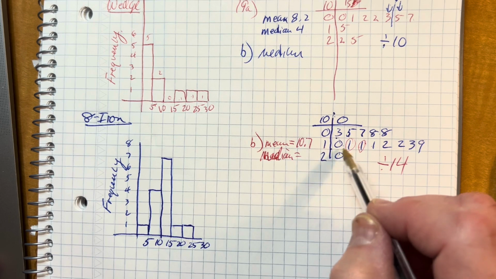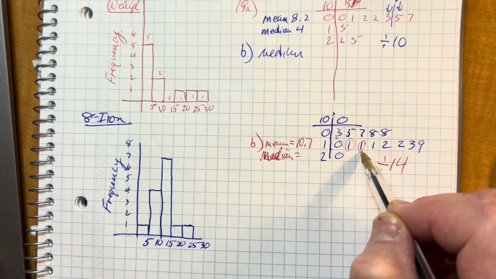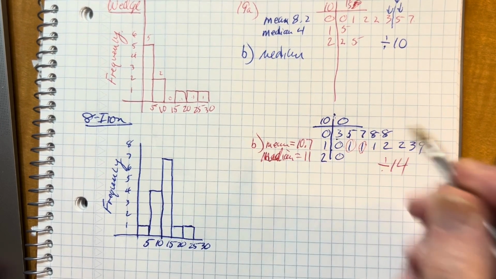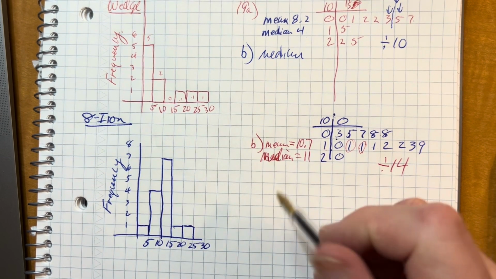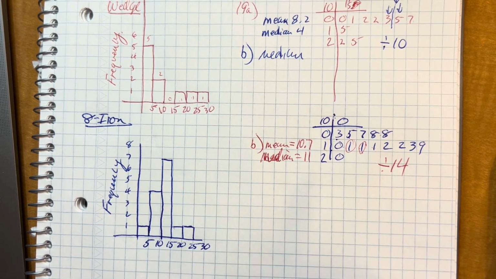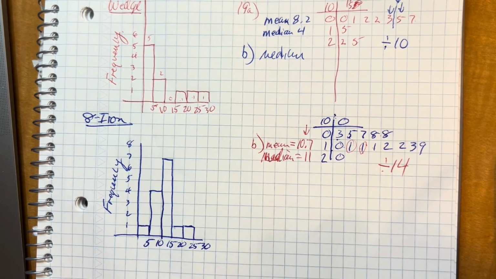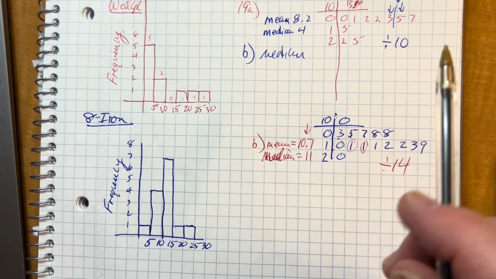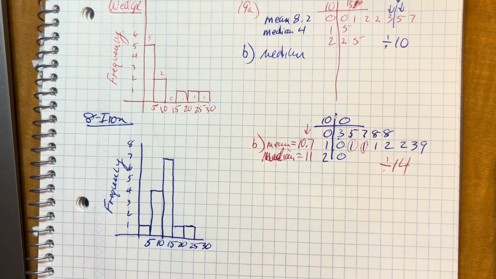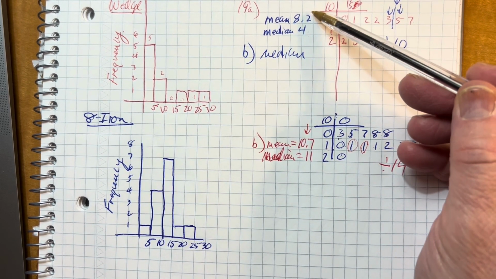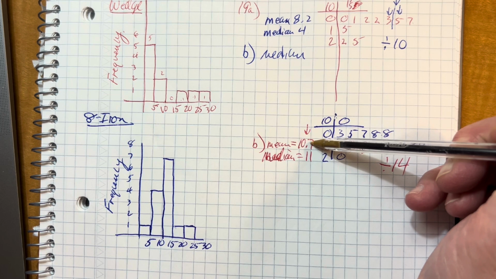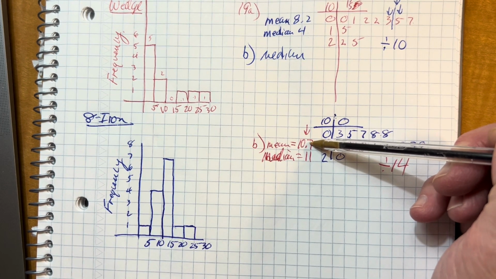The average between 11 and 11 is 11. So the median is 11. Which one would I choose for this? Hey, I'd probably choose the mean on this one. The mean is a little bit closer. That's what I would do. So there you go. So I would say the mean of the wedge is better than the mean of the 8-iron.